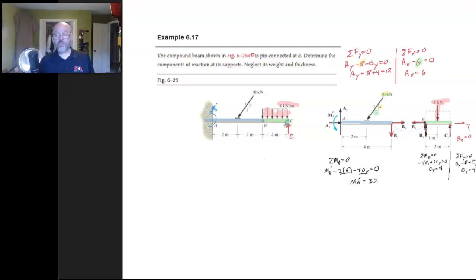I chose to do this side first because I recognized the symmetry of my force distribution, and I knew that BX and CX, BY and CY were going to be equal. And so I thought, okay, well, that looks like an easy place to start. I didn't know for sure. I just said, well, it looks like an easy spot. Put my head down and go.